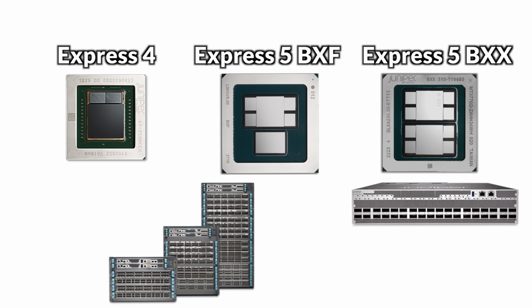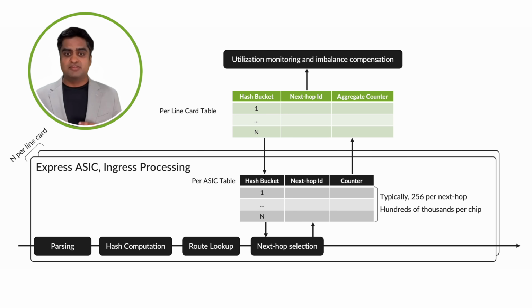Now with Express ASICs, we achieve adaptive load balancing in our networking hardware. These chips have built-in intelligence to constantly monitor network traffic and make real-time adjustments to ensure smooth and efficient data flow. Let's understand how it works. The first and foremost part is traffic analysis.